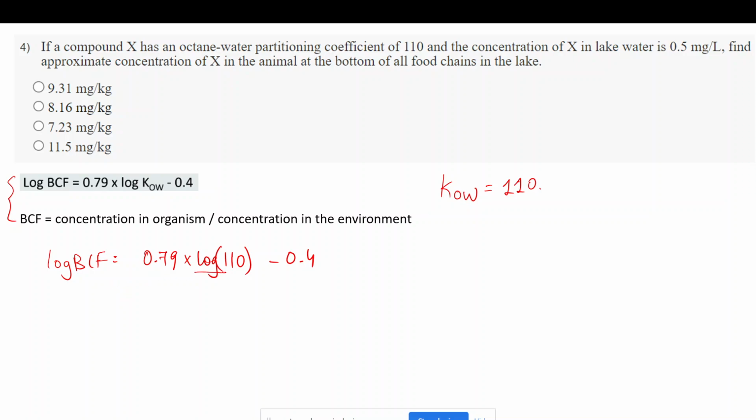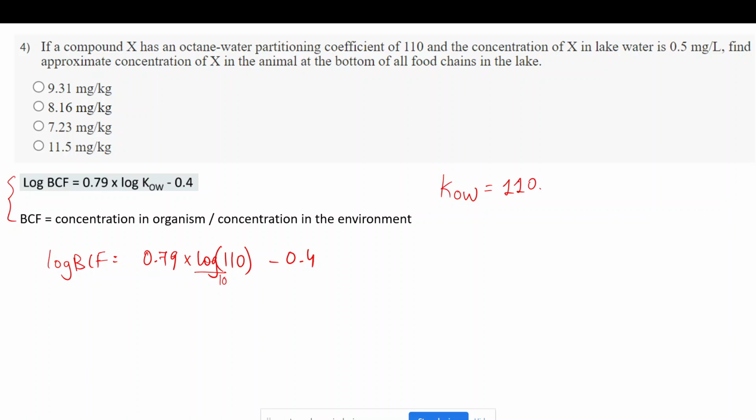So log means, as I had already mentioned, log to the base 10. So calculate log to the base 10 of 110. It is 2.04.